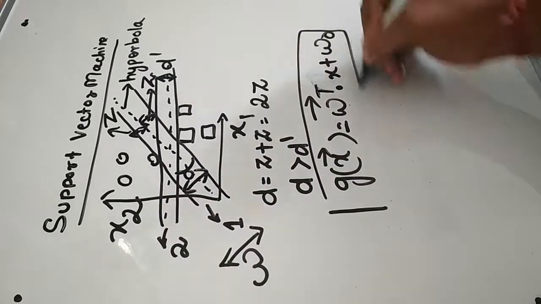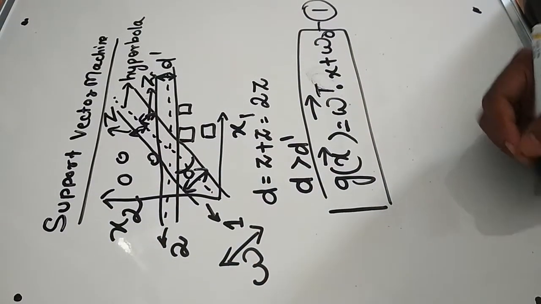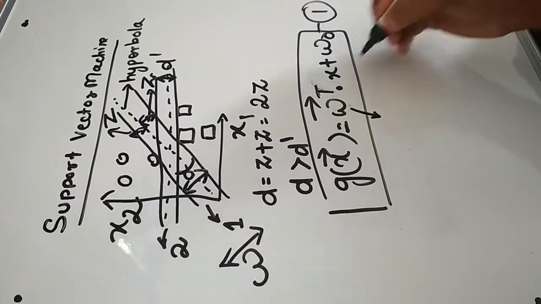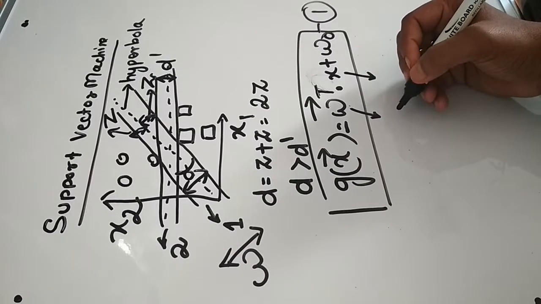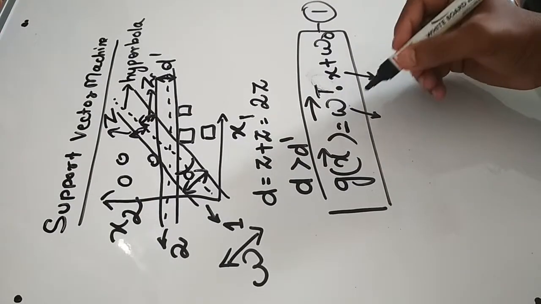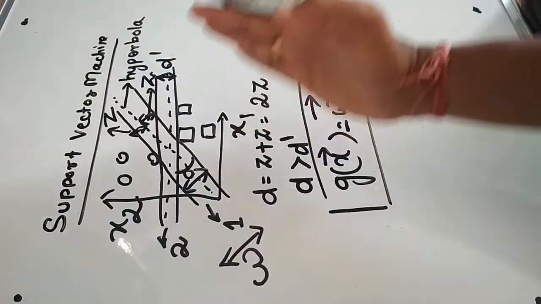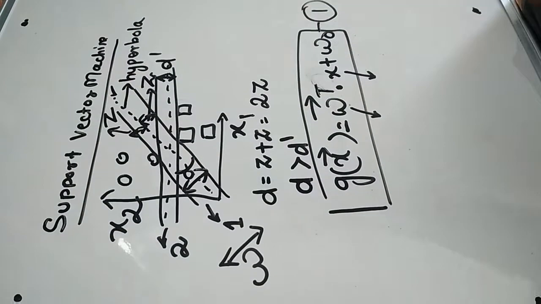This is the equation for the hyperplane. Here this is a weight vector and this is the feature. So what is a weight vector? The weight vector here is mainly used for the displacement of the line.